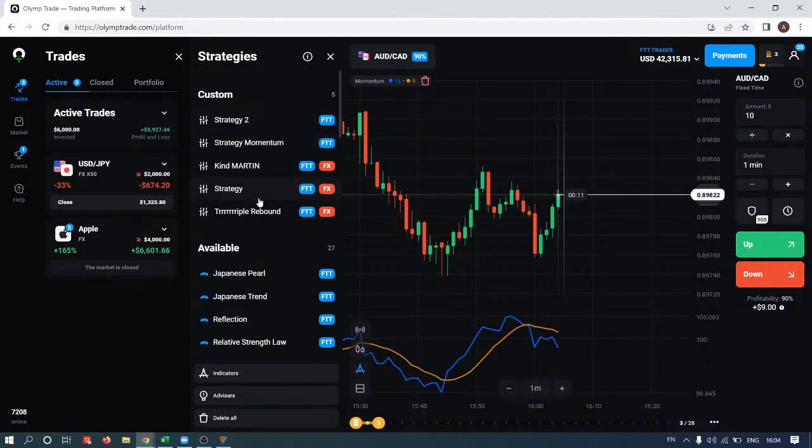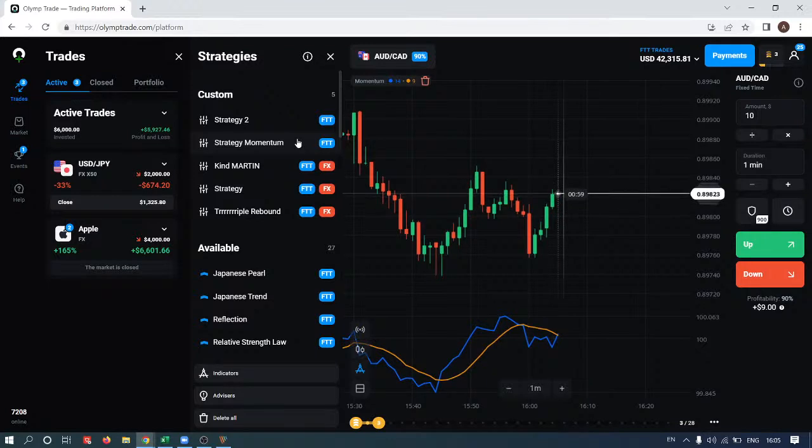I've already saved a number of trading strategies in here, so feel free to use it. It's a simple life hack. I guess it will be useful to you, and it will make your trading life a little bit easier, because it makes this process more streamlined and straightforward.